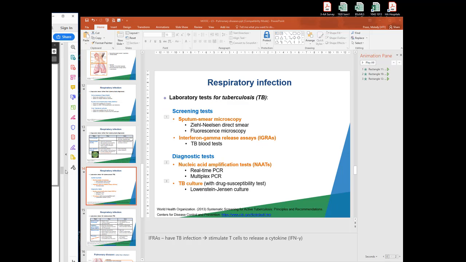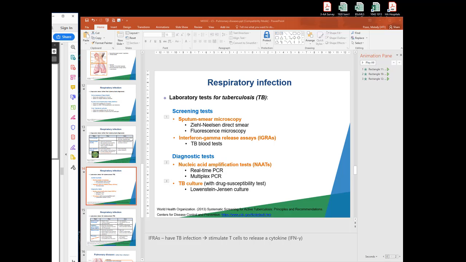Tuberculosis is caused by Mycobacterium tuberculosis, which is a kind of acid-fast bacilli. It requires special laboratory tests to screen and diagnose. Common screening tests include sputum smear microscopy, so a sputum sample is required. Another one is interferon gamma release assays, IGRAs.